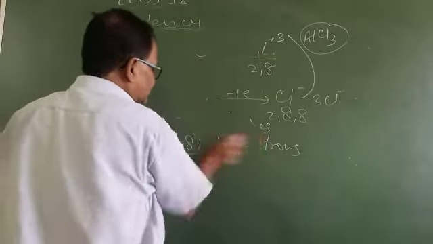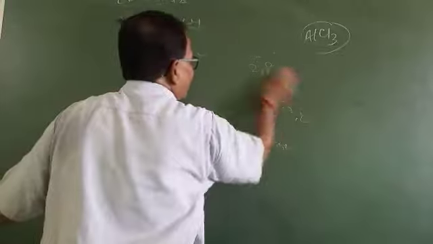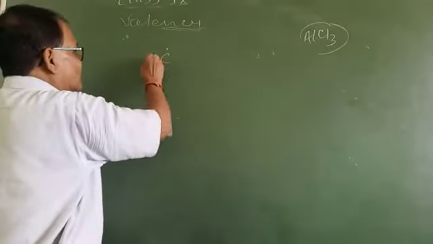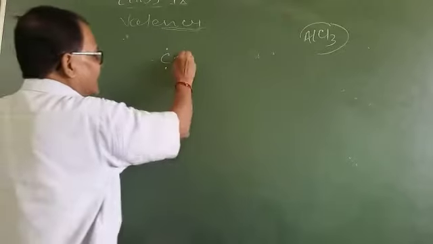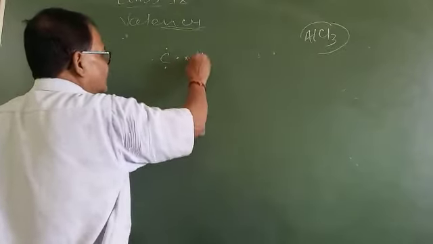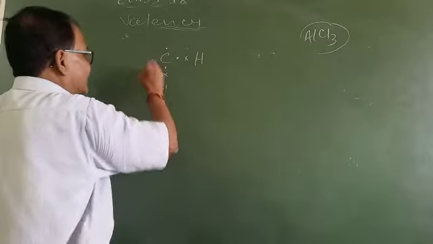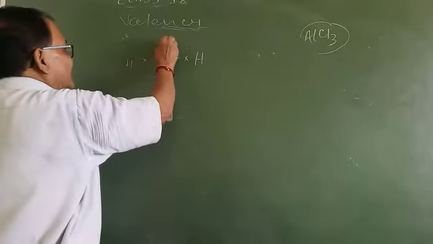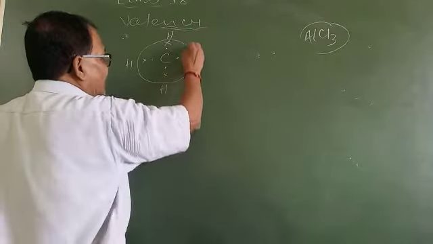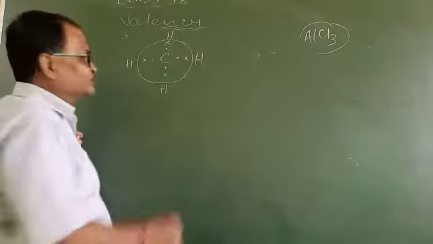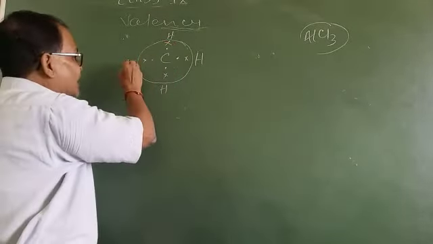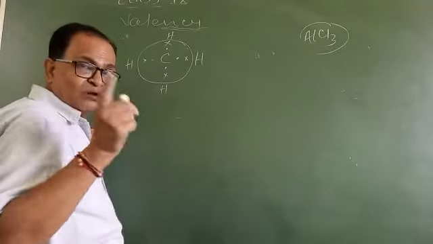Example of compounds formed by carbon by sharing: carbon has 4 valence electrons and it shares its electrons with 4 hydrogen atoms and acquires the outermost stable structure. Hydrogen requires 1 electron.